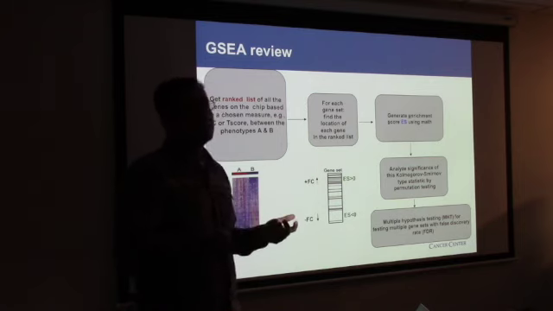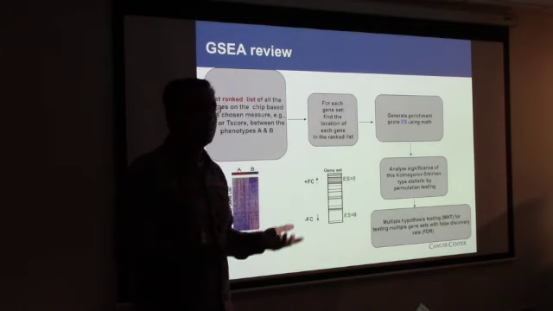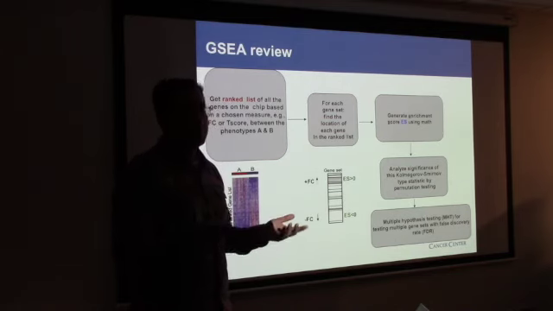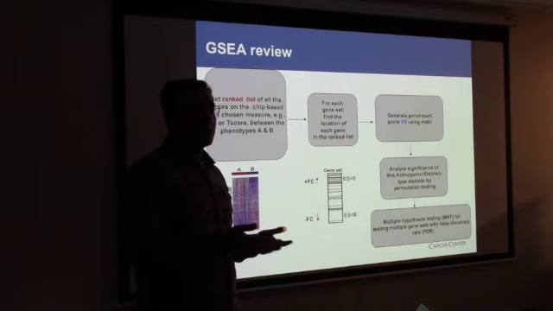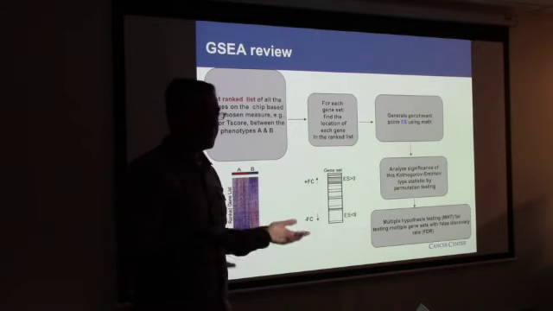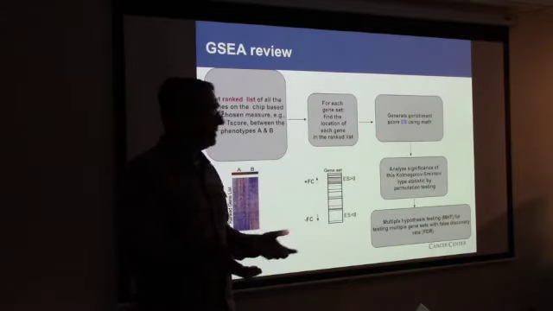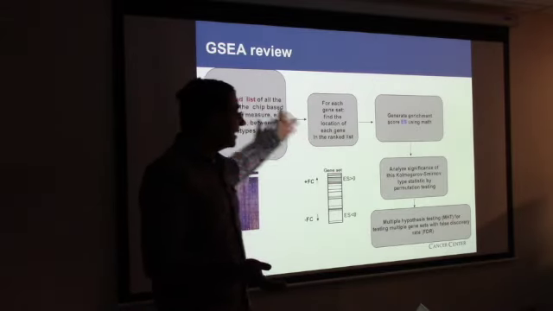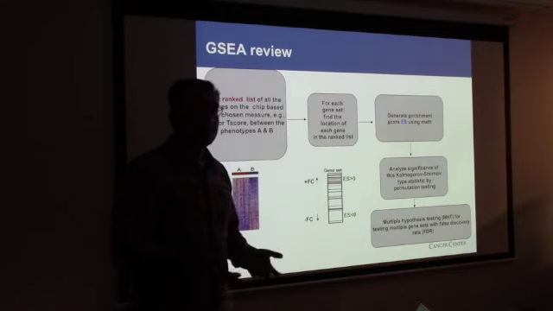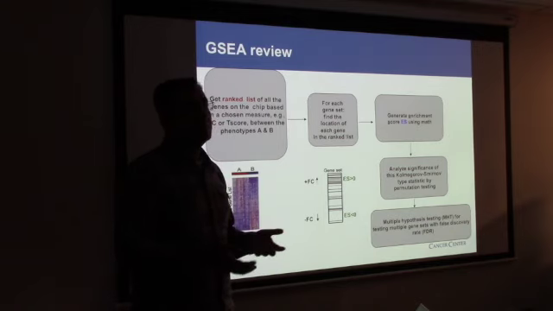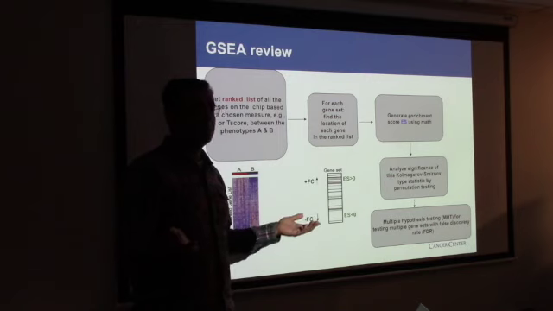So if you're making 100 comparisons and you have a false discovery rate of 1%, then 1 out of 100 you are just getting by chance. Same thing here. If you're doing 100 gene sets and comparing them against your data set, then a 1% false discovery rate means that one out of those 100 gene sets will be significant just by random chance.